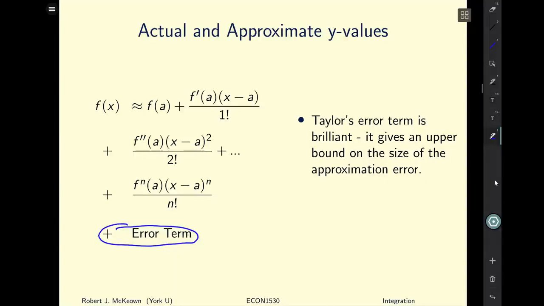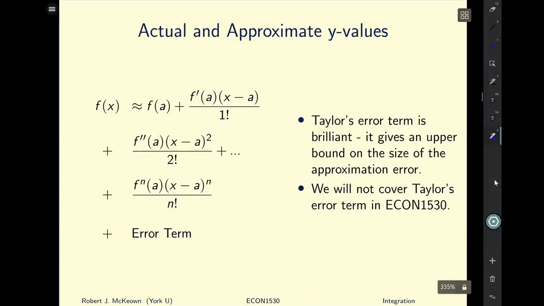So if approximation is important, say you're trying to send a rocket to the moon, or you're trying to send a Land Rover to Mars, approximation, or I should say accuracy, is going to be very, very important. And a Taylor series expansion can tell you the size of the possible error.